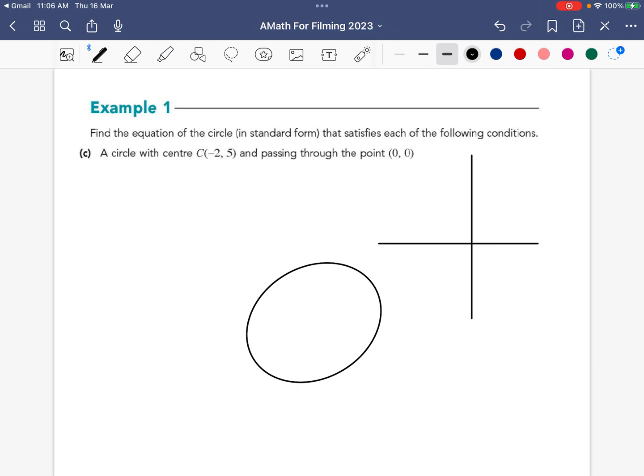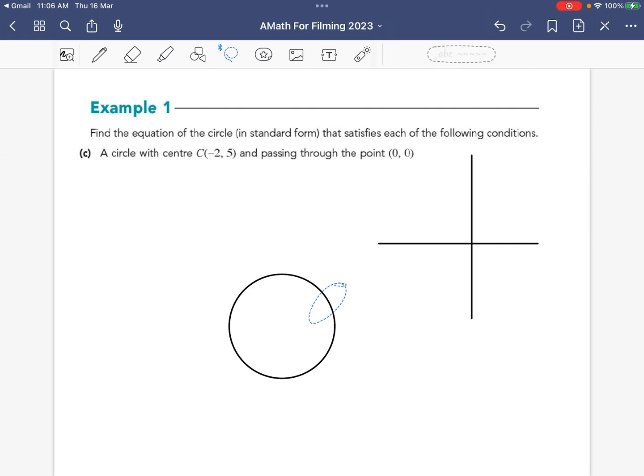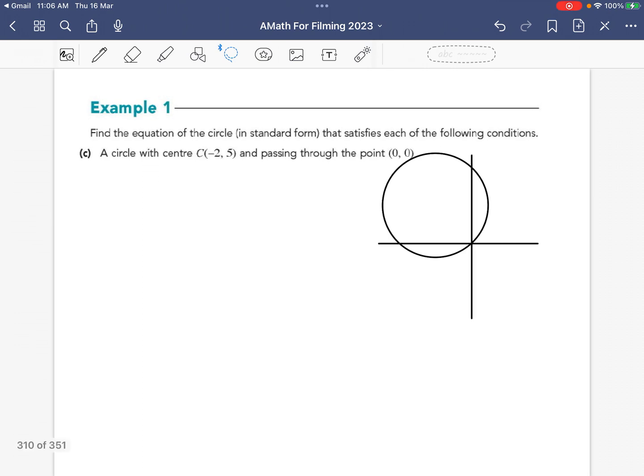Okay, it became an oval. Let me try again. Then I will move this circle like this. So basically what they're trying to tell you is this: there is a center (negative 2, 5) and it passes through the point (0, 0) like this.